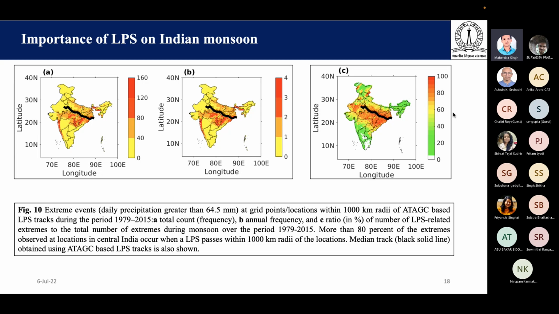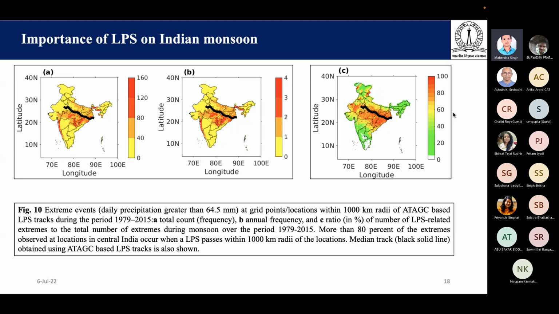Here we can clearly see that most of the extreme events lie near the central region, which is mostly low pressure dominant, and there is also a high frequency of extreme events on the Western Ghats. And here is the annual mean of how many low pressure extreme events occur.